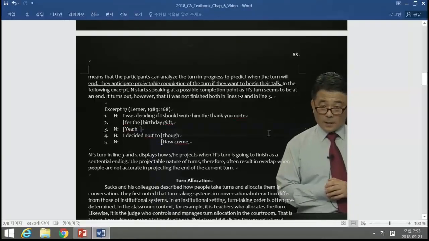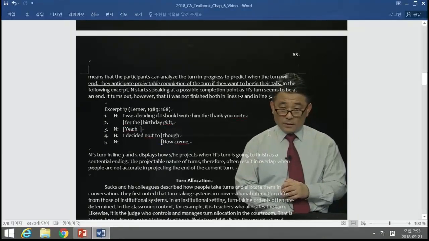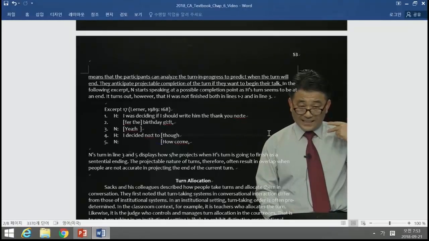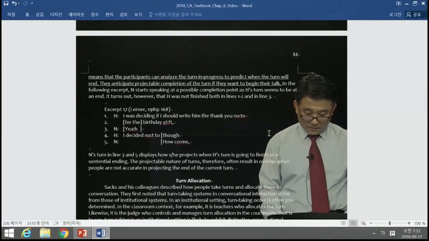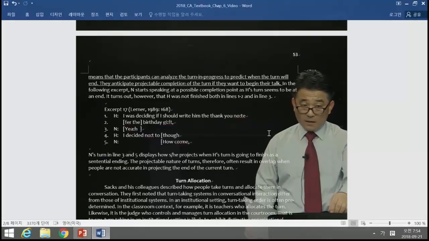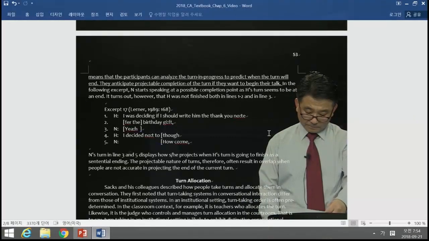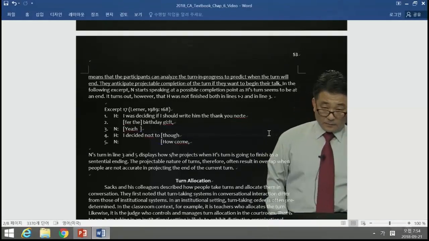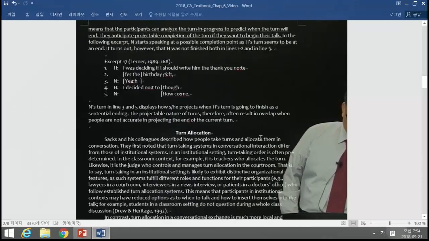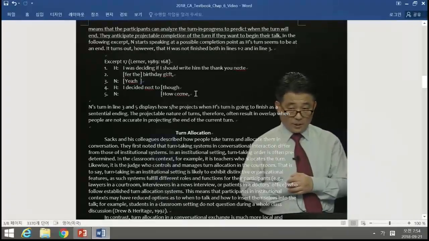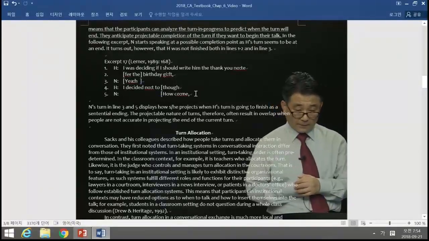They anticipate projectable completions of the turn if they want to begin their talk. So we already talked about this. People can predict and anticipate their turn because they have a good understanding of what constitutes a turn. Okay? So take a look at each data set to see what points each excerpt is trying to demonstrate.